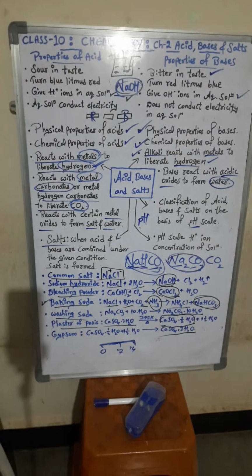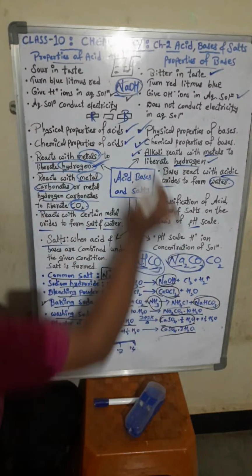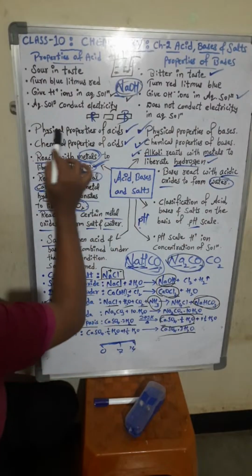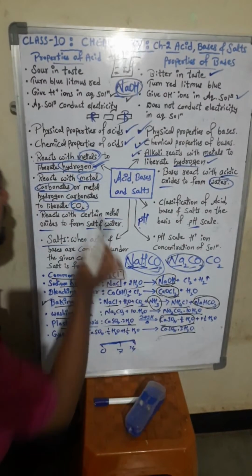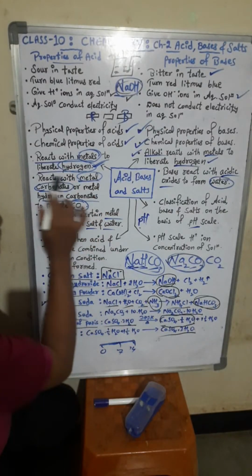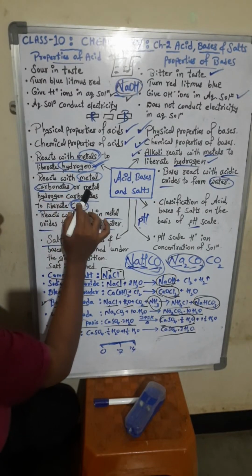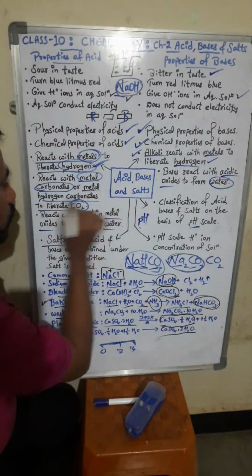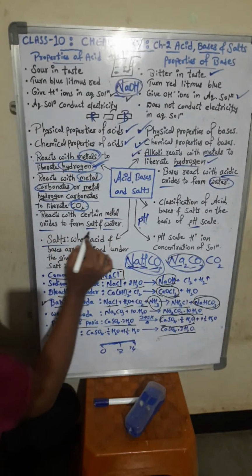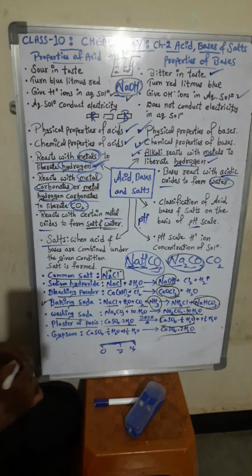Okay, fine, understood. What we have seen today, students, are some properties of acids and some properties of bases. In this chapter we are going to study physical and chemical properties of acids. When acid reacts with metals, metal carbonates, metal hydrogen carbonates, and certain metal oxides, what happens? Some properties of bases we have seen.